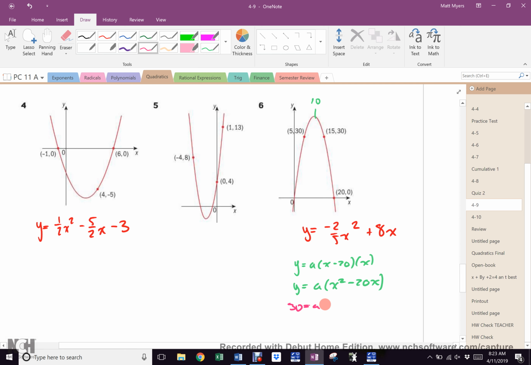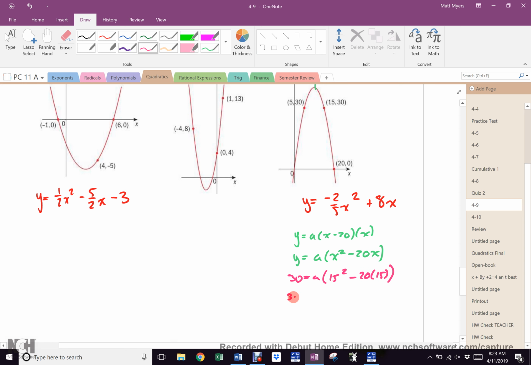30 equals a times 15 squared minus 20 times 15. Wait a minute. Yeah. I'll write it out. 15 squared is 225, minus 20 times 15 is 300.